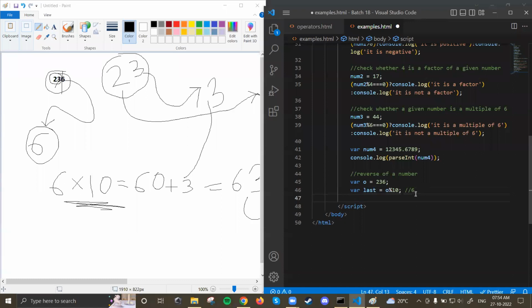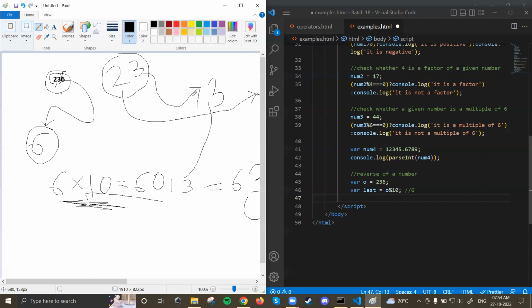Okay, now what is the next step? The next step is, we have to find this 6 into 10 is equal to 60 part. After that we have the last, we'll multiply it by 10 and then we'll find the remaining part.